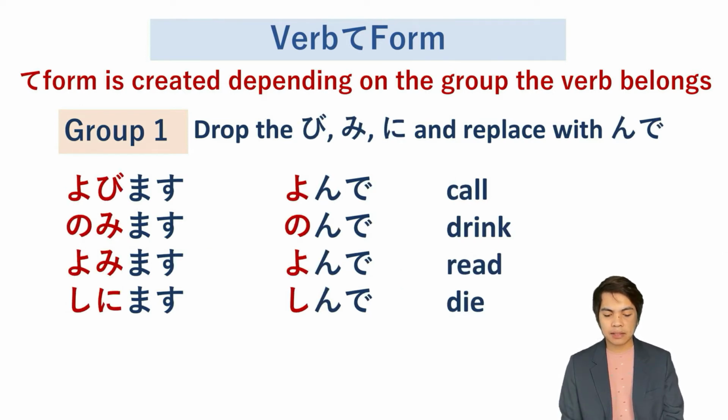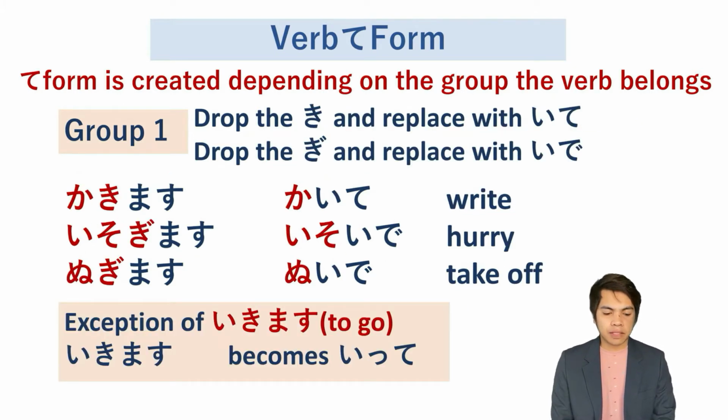Next, for the group 1 verbs that end in bi, mi, and ni, we will replace bi, mi, and ni with nde. For example, the verb yobimasu, to call, replace bi with nde, yonde. Next, nomimasu, nonde. Next, yomimasu, yomi, yonde. Next, shinimasu, to die, shinde.